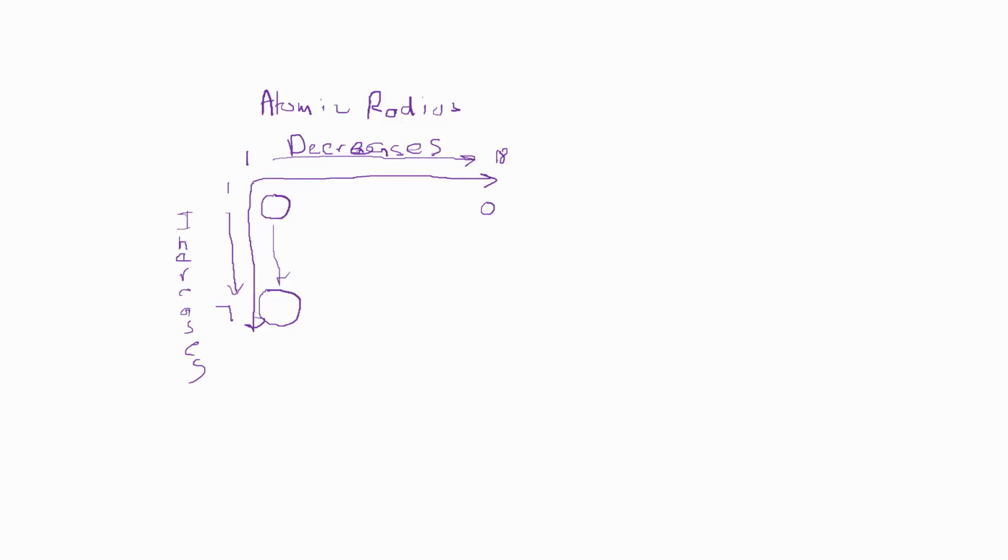So let's talk about ionization energy. First of all, you have to know the definition of ionization energy, and it's very specific. Ionization energy is the amount of energy required to remove an electron from a gaseous atom, or an atom in the gas phase.